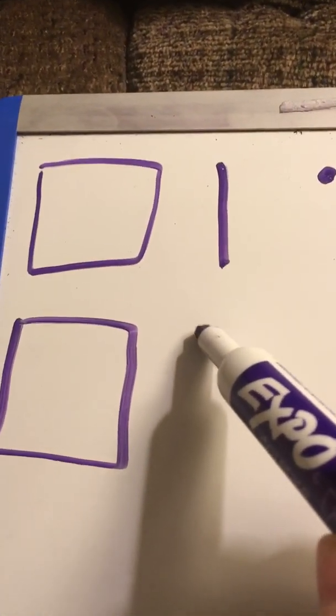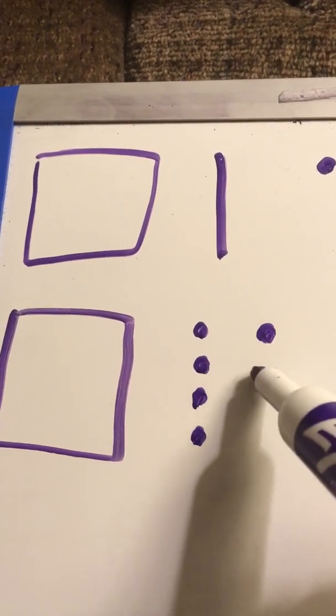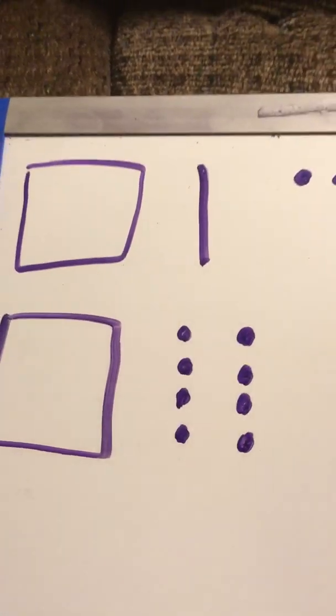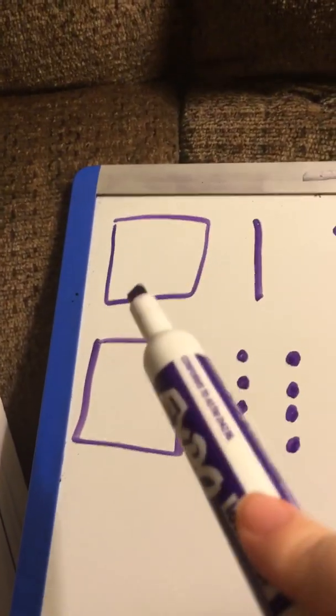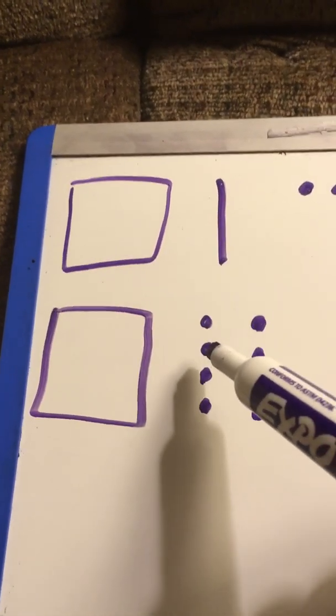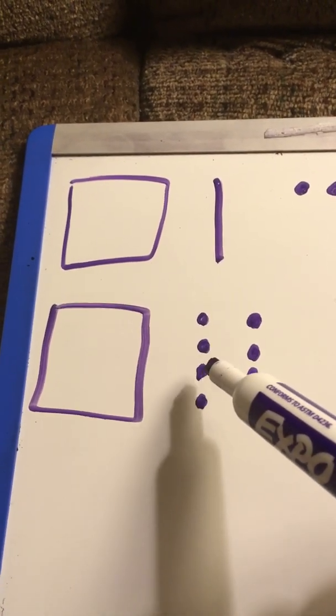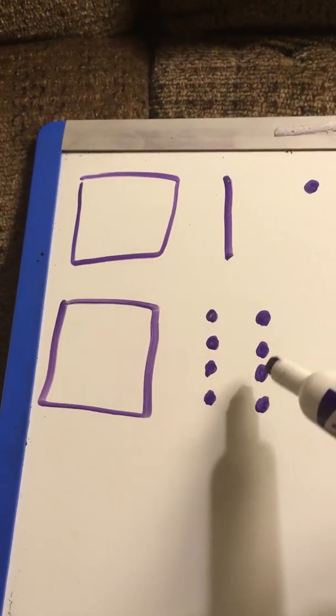On your paper, draw 8 dots. 1, 2, 3, 4, 5, 6, 7, 8. So let's count them again. 100, 101, 102, 103, 104, 105, 106, 107, 108.